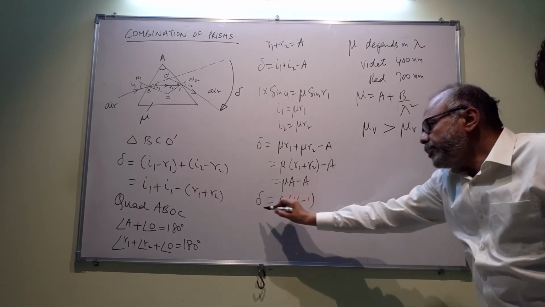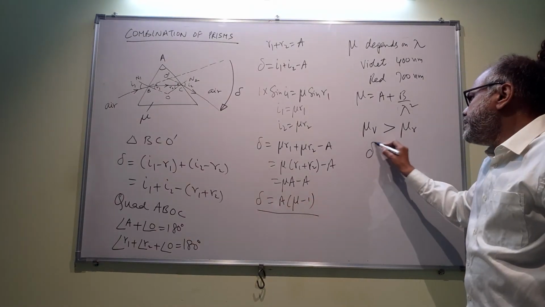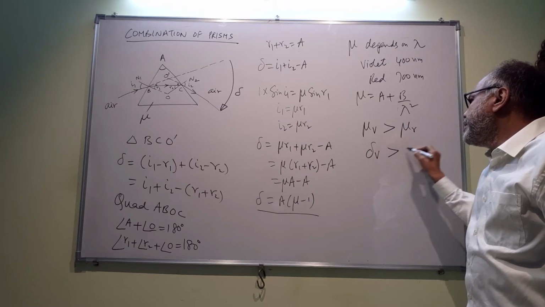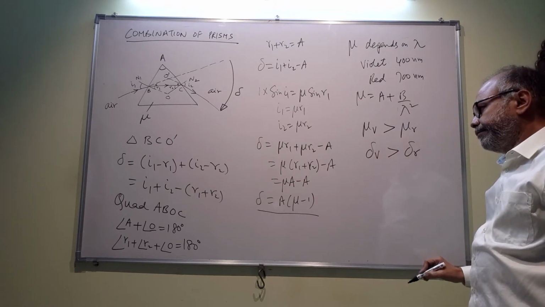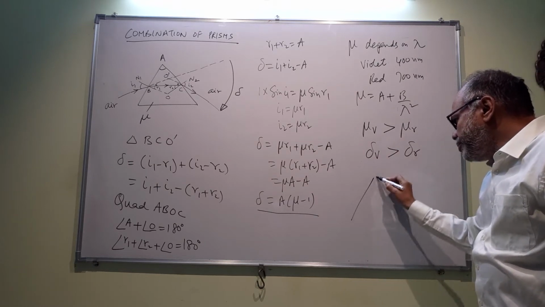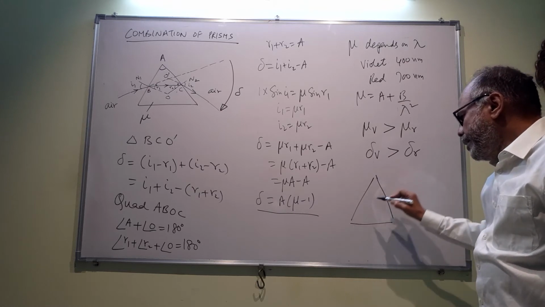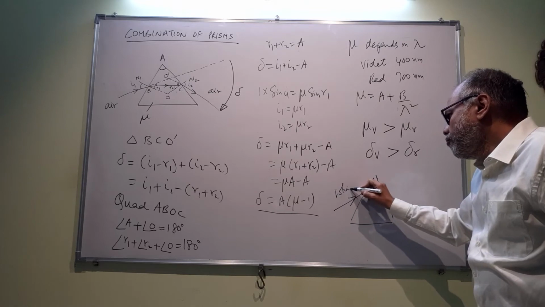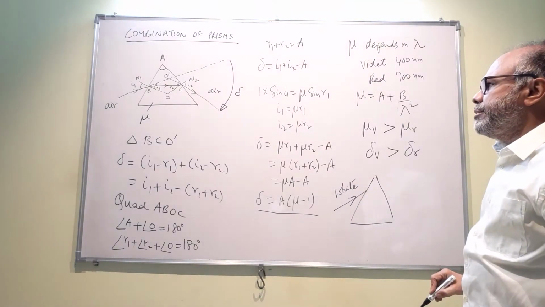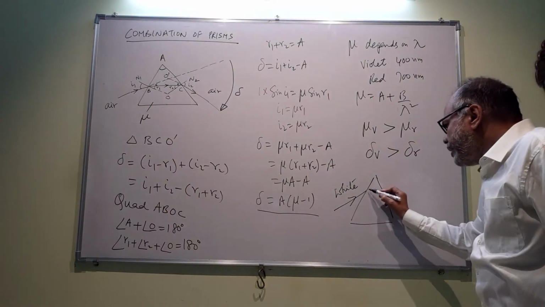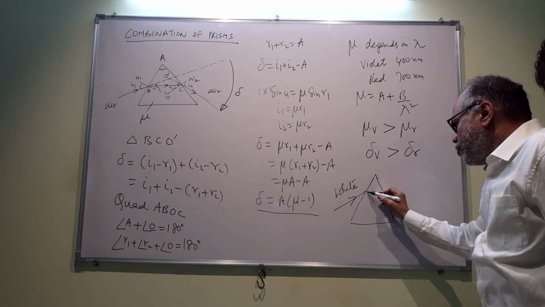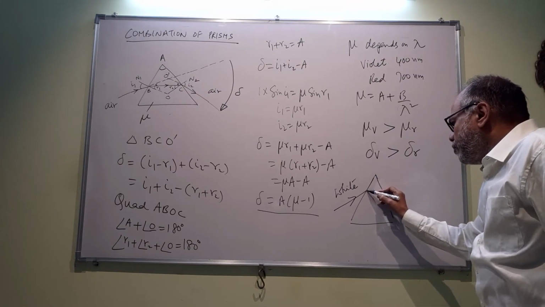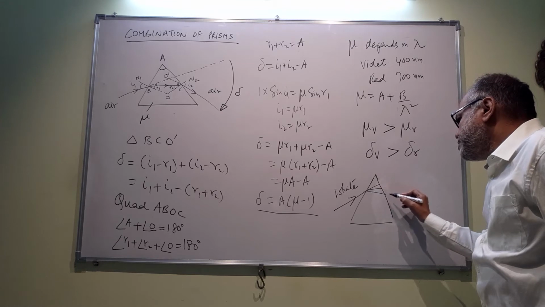So therefore, if I use this formula, I can say the deviation of violet will be greater than the deviation of red. So now if you have the prism and there is white light, that white light will disperse.